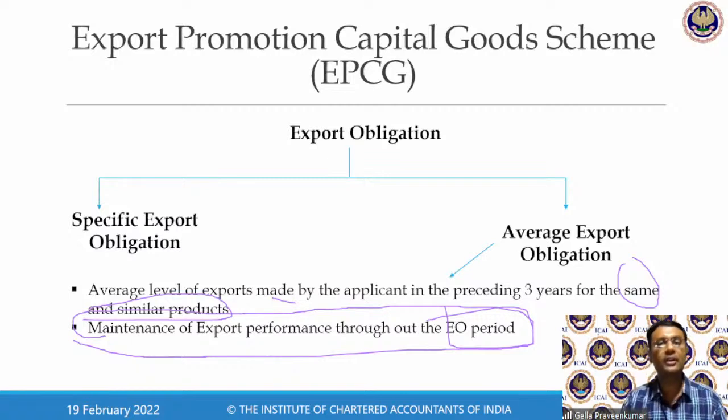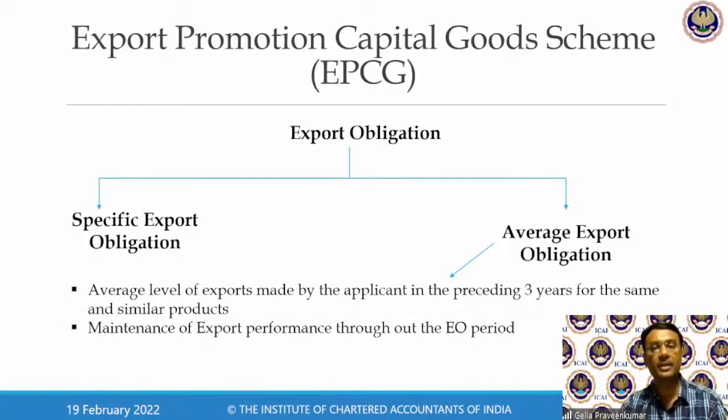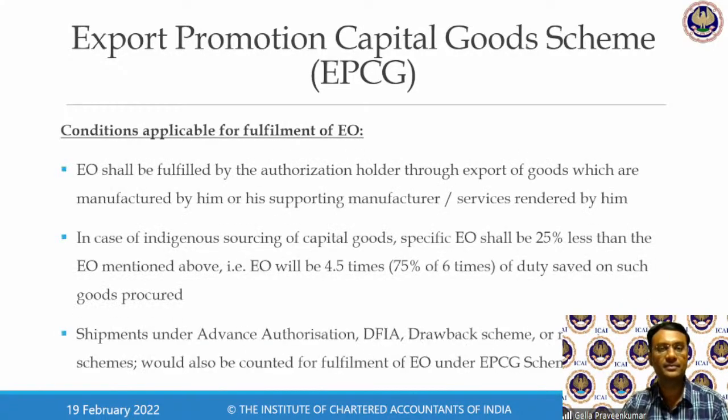So, a well thought-out provision with respect to your export obligation and also your specific obligation. Now, they say I have given a 6 times requirement in case of imports. In case of domestic purchase, I'll give you only 75%. Like Nisha's case, 1 lakh was the duty saved.